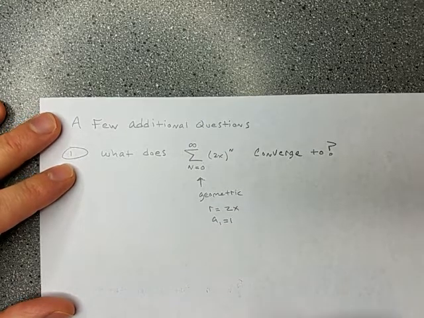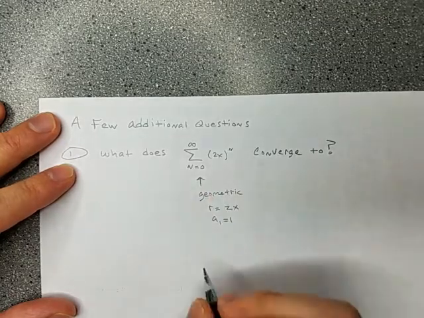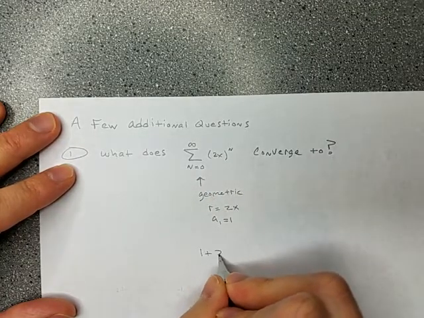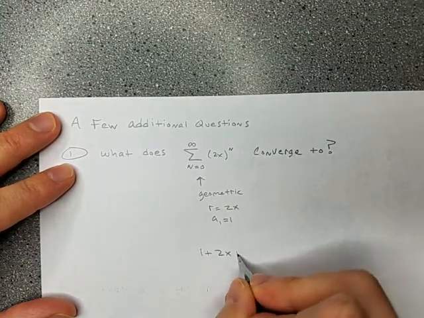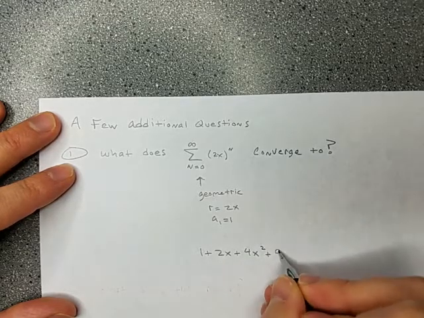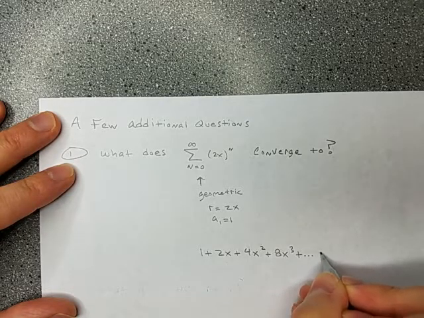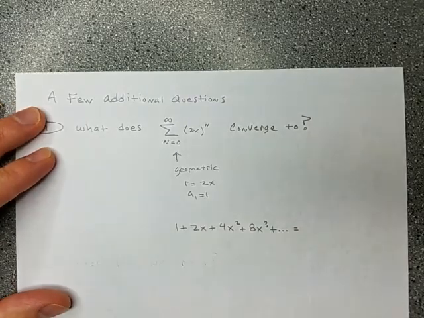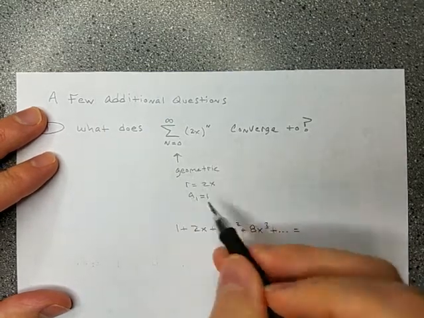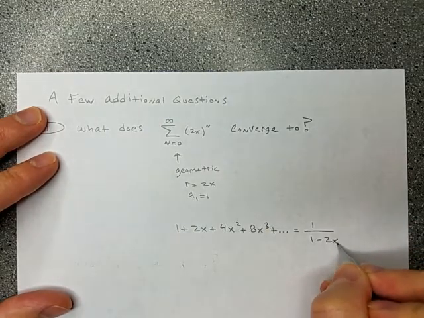Okay? So that means this series right here, which is what? 1 plus 2x plus 4x squared plus 8x to the third power, and that goes on and on. That series will converge, because it's geometric, to a1 over 1 minus r.